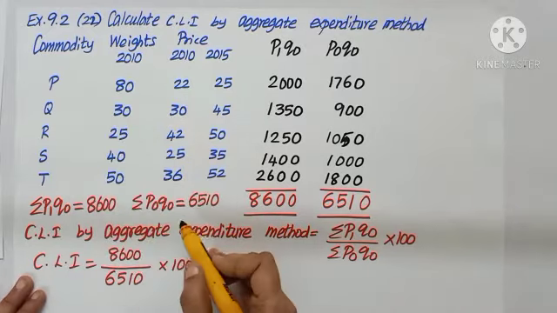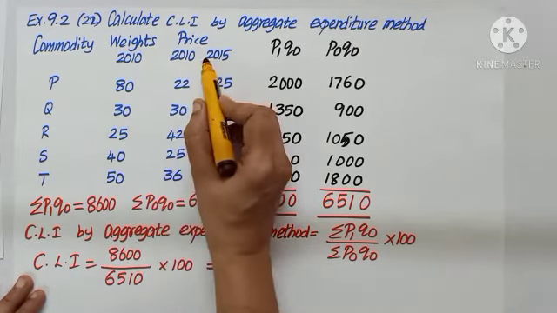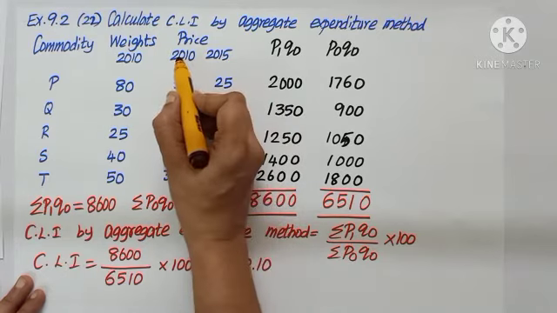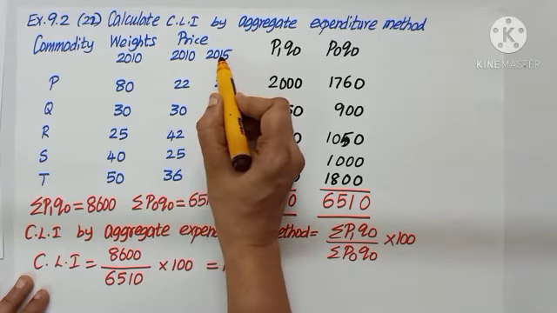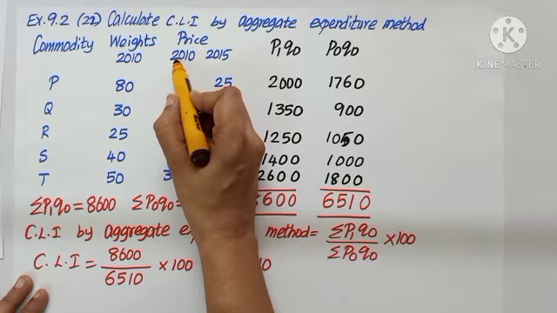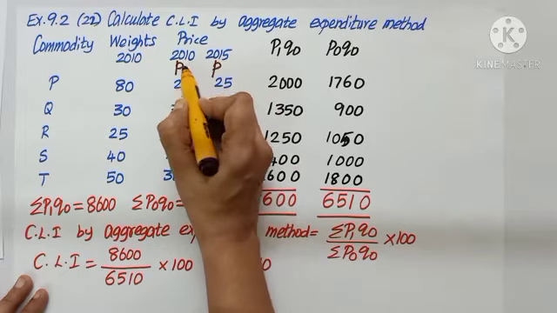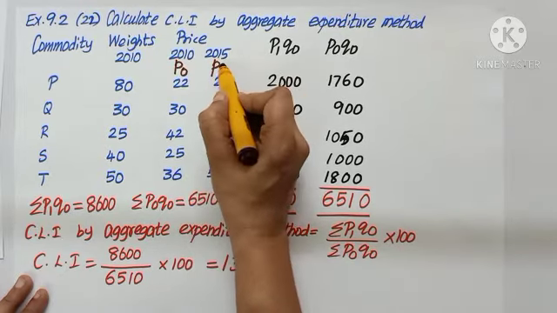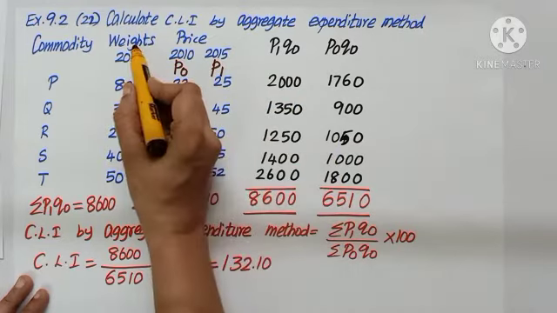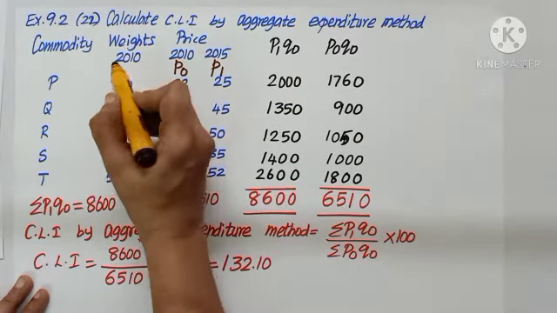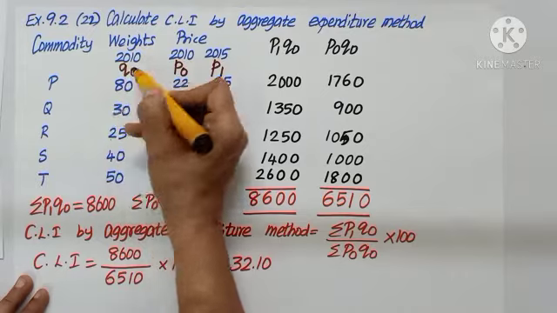Given a table of values, 2010-2015. So this is base year and 2015 is current year. Price tells me P. Base year P0, current year P1. Weights in base year alone given, consider it as Q0.